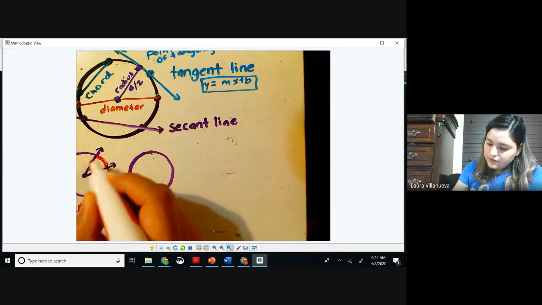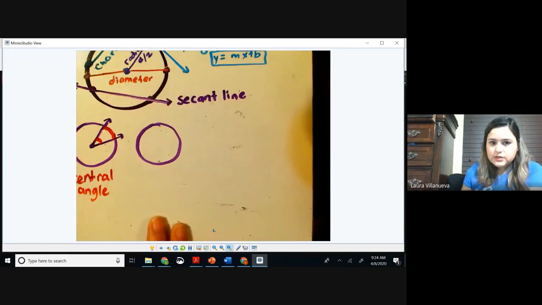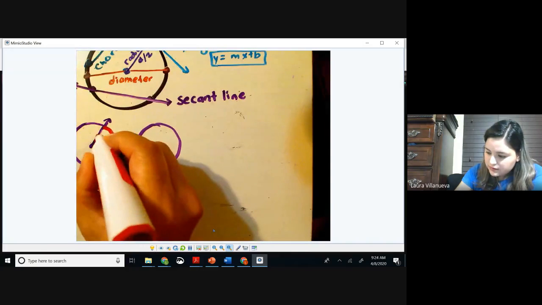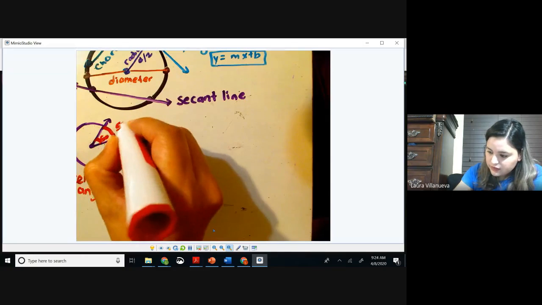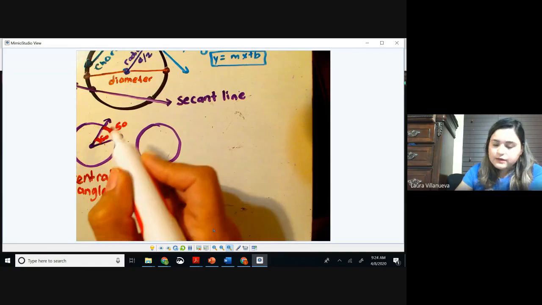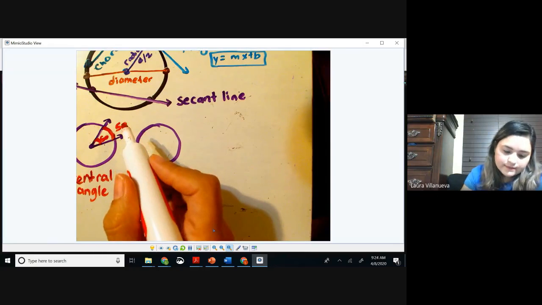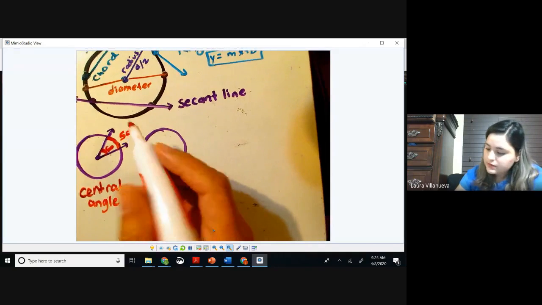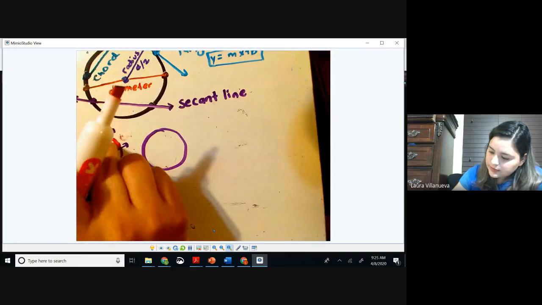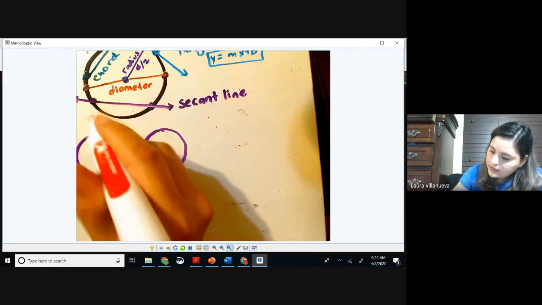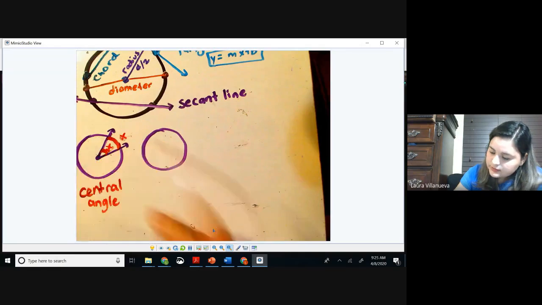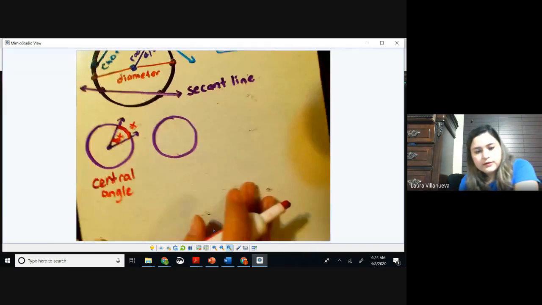Remember that the angle does not change. If this is 50, then this is 50. If this is 25, then this is 25. If this is 30, then this is 30. I'm not going to put a specific number. I'm going to put X and X.